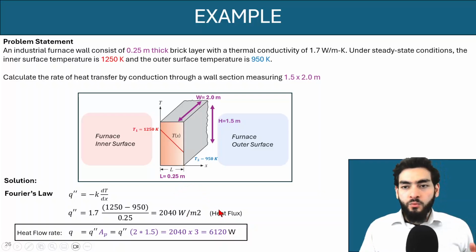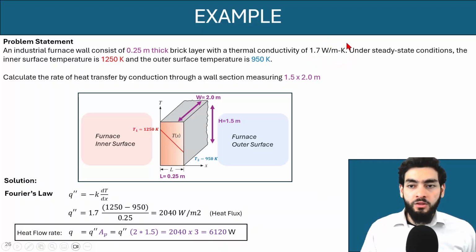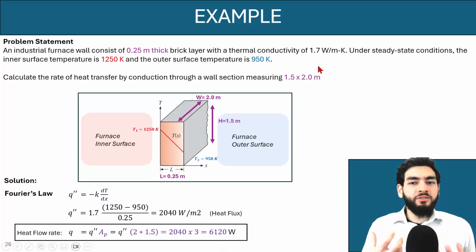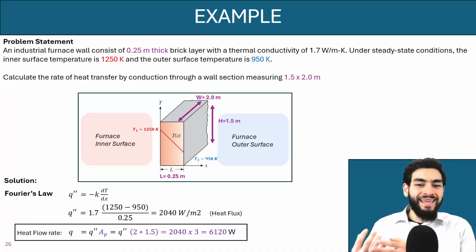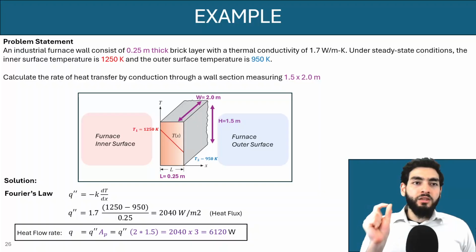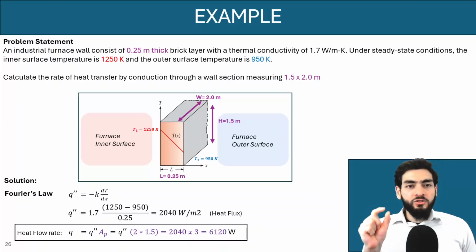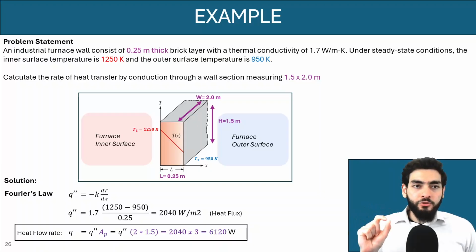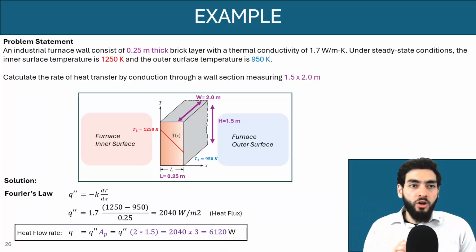Now, there's something that I want to cover because this is something that people might have in their mind. Thermal conductivity is a parameter that you search for and use in your equations and analysis. Keep in mind that the thermal conductivity is also a parameter that's dependent on temperature. So when you search for thermal conductivities online, make sure that you find a temperature that is representative for the situation that you're dealing with.